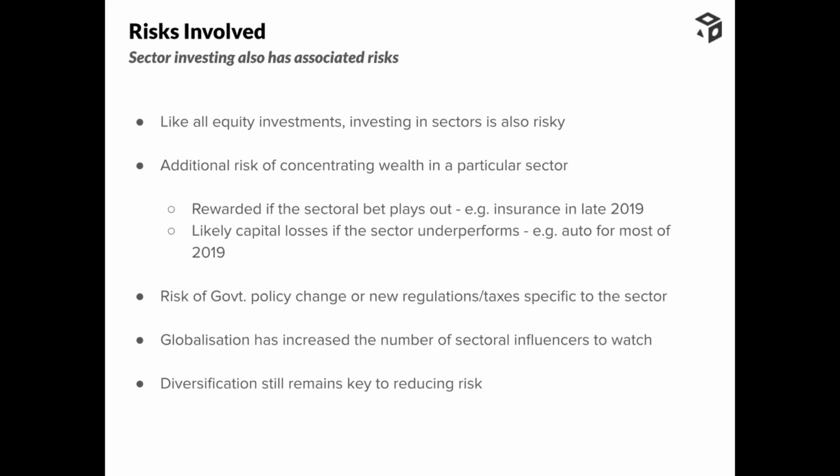Now, this risk of economic slowdowns is obviously there, but when it comes to investing in particular sectors, the risks are even more prominent because there is a risk of a government policy change or new regulations or taxes that are very specific to that sector only. For example, in the case of autos, one of the core fighting points, the push and pull in terms of reforms, has been what will be the GST in the new tax slab.